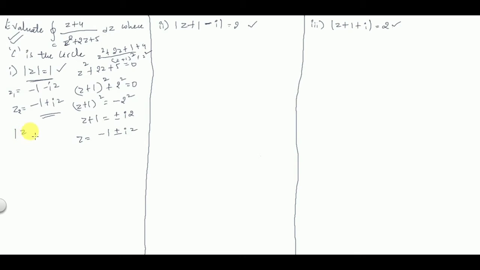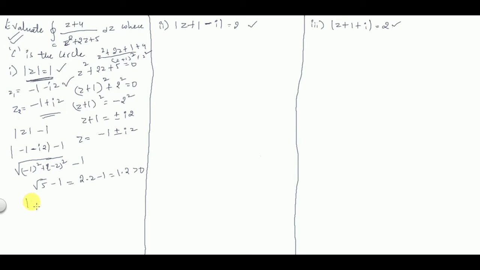So |z - 1|, the modulus of -1 - 2i - 1. The modulus of x + iy is the root of x² + y², so that is the root of (-1)² + (-2)², so this will be root 5 minus 1. Root 5 is around 2.2, so 2.2 - 1 is 1.2, which is greater than 0. That means this singularity is outside this contour.